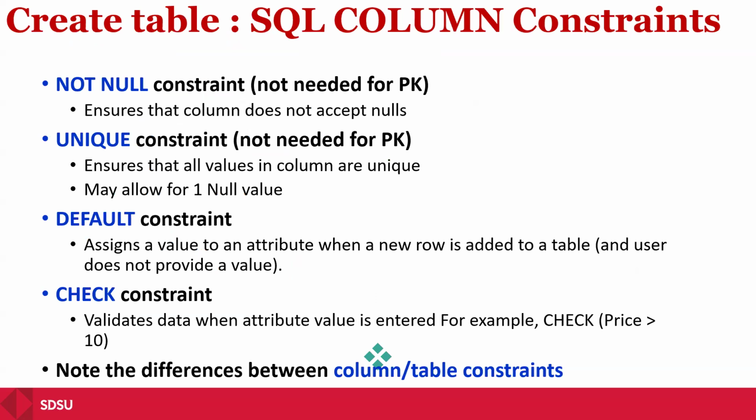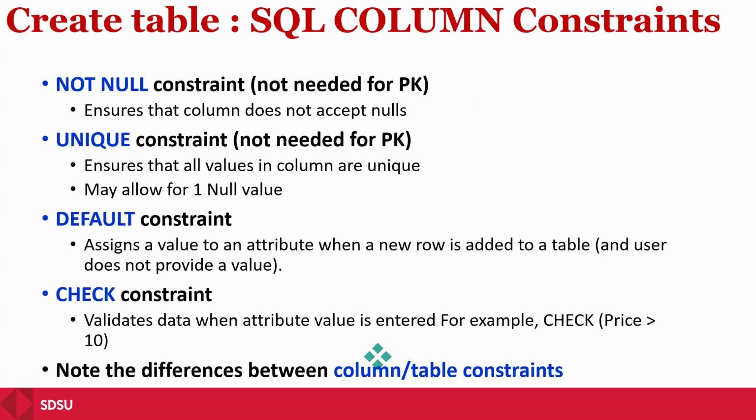When we talk about constraints, there are different types of constraints. The most used are not null constraints. Those are applied to fields that cannot be null. For example, if you have an order table and you're inserting order information, your order number cannot be null.